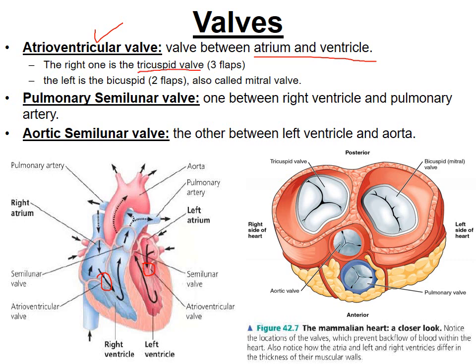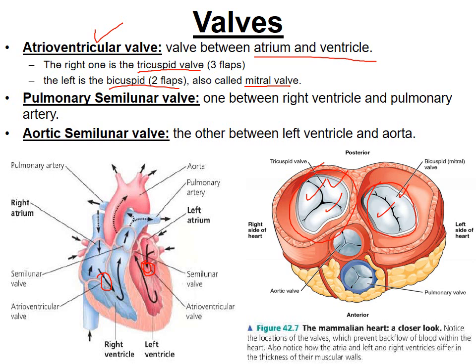The reason we call it tricuspid is because it has three flaps. So it's based on what it looks like. The one on the left side of the body is called the bicuspid valve, also called the mitral valve, but bicuspid valve because it has only these two flaps over here.